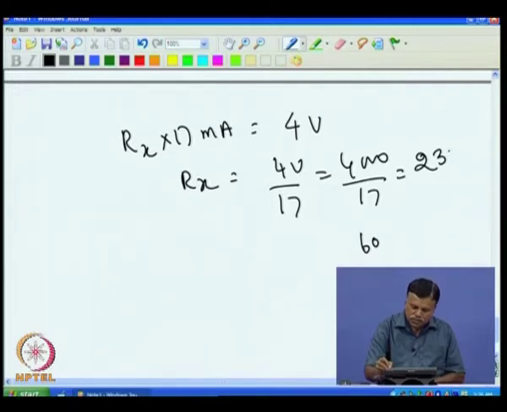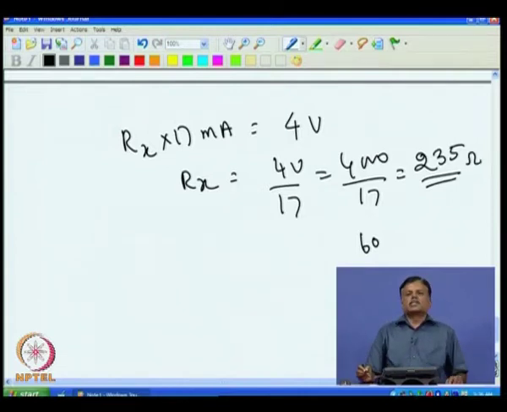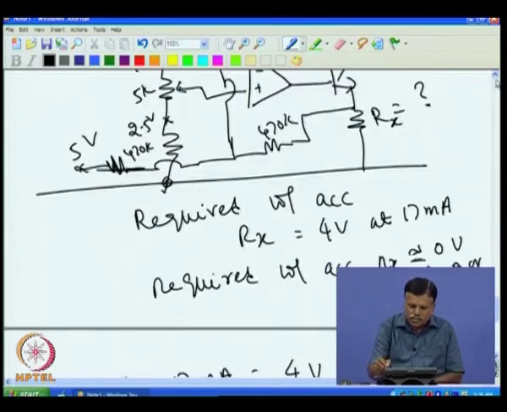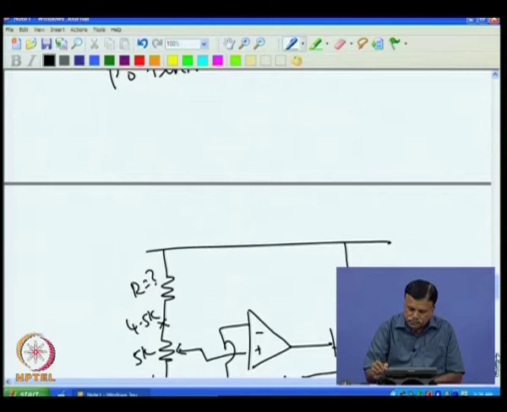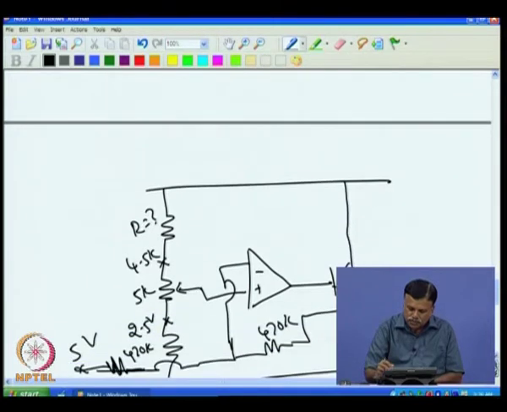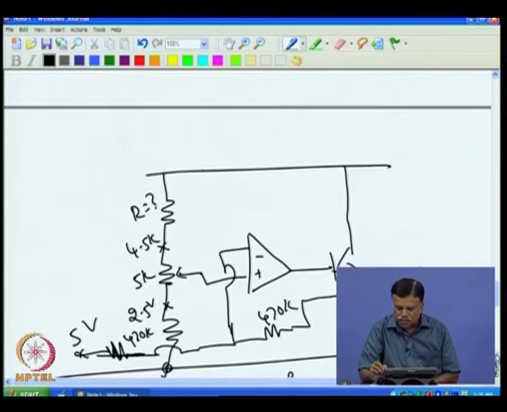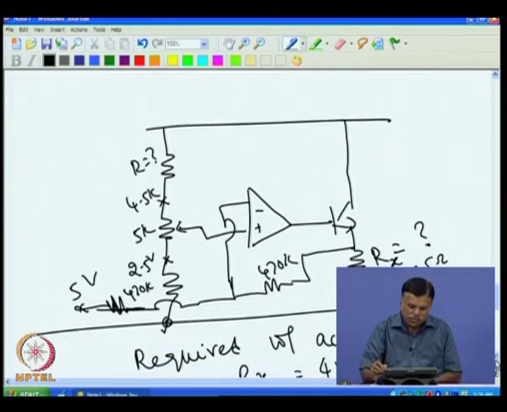You will get about 235 ohms. So that is approximately the resistance that is required for Rx. So if I put this Rx here around 235 ohms, then more or less the circuit design is okay, but it is not perfect.